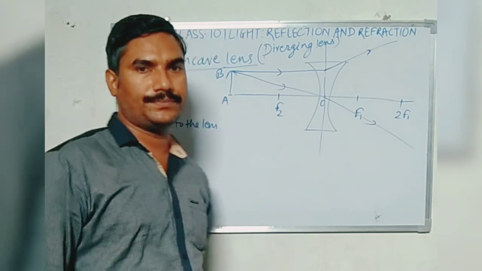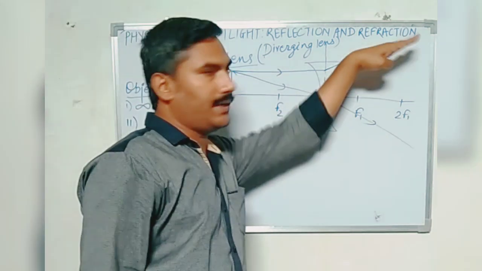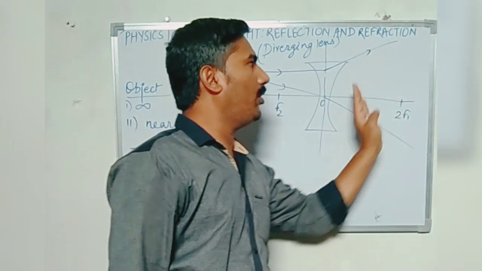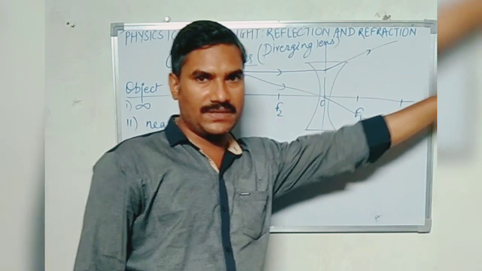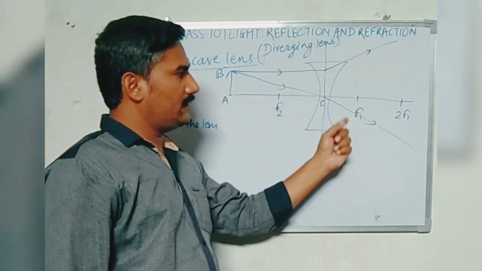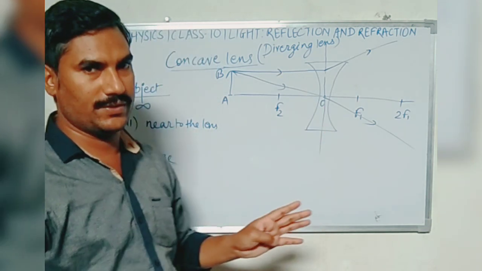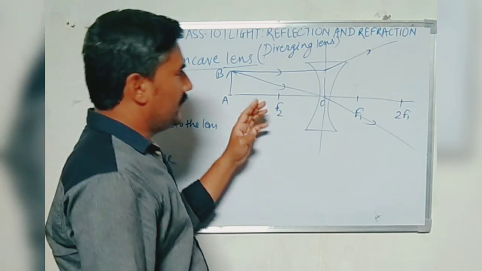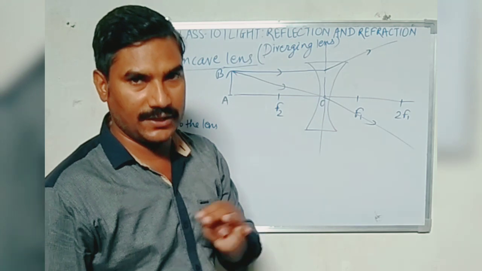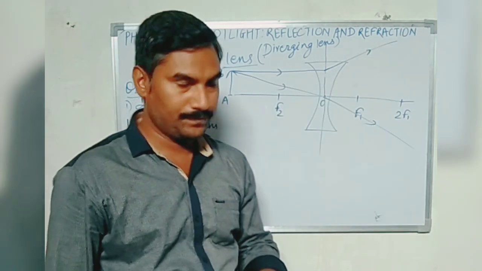to its path. Now you can see that the rays after getting diverged from this lens will not meet at any point in the near future or any place in the infinity. So can we conclude that in this case image will not form? No, we cannot conclude this. It simply means that if rays are not actually meeting at a point, it signifies that the real image will not be formed.